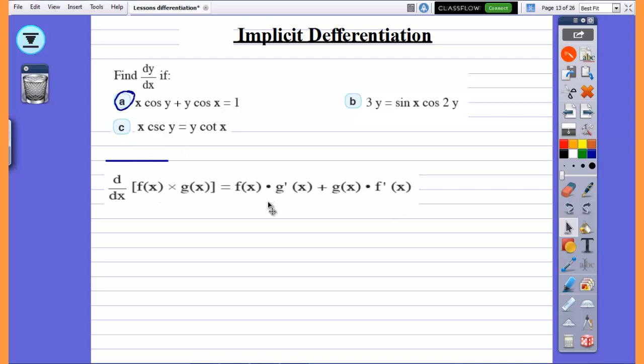So we will use the same rule: the first multiplied by the derivative of the second, plus the second multiplied by the derivative of the first. Okay, let us start with this. To find dy/dx, as the rule says, the first function is x, multiplied by the derivative of the second. What is the derivative of cos y? It is negative sin y times dy/dx.